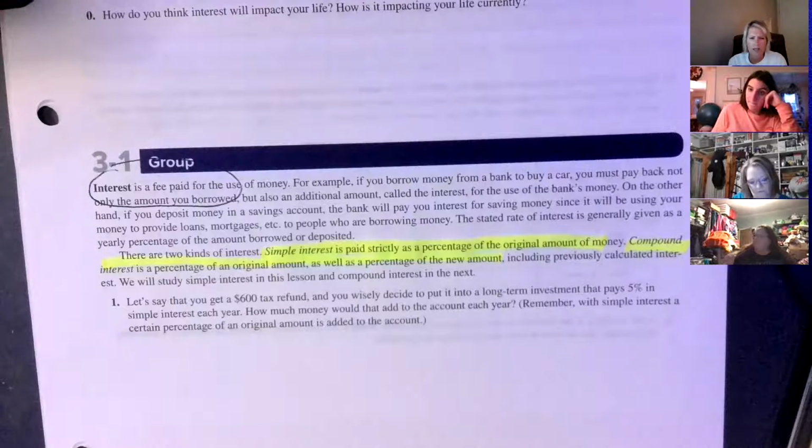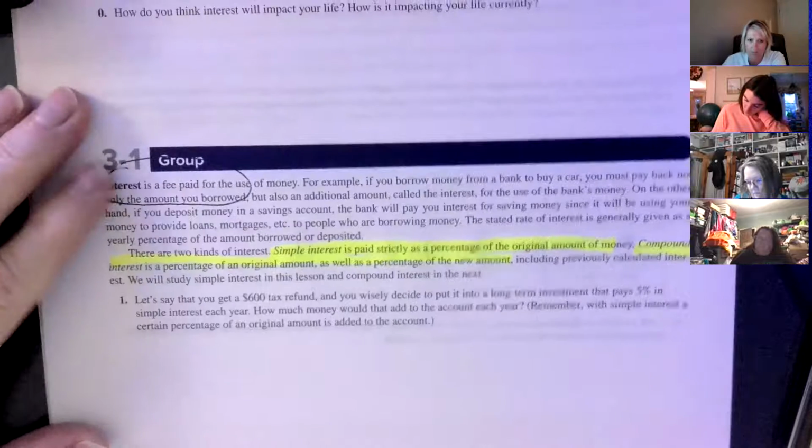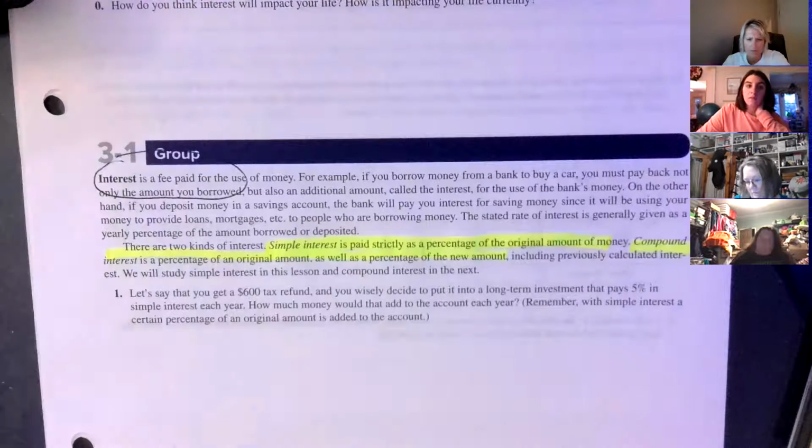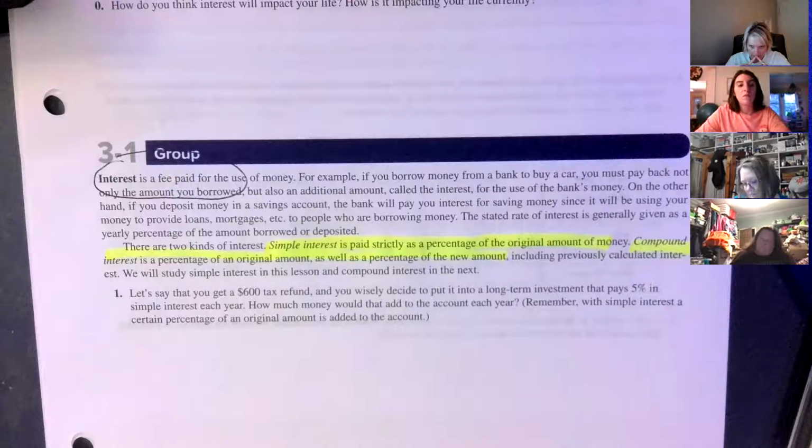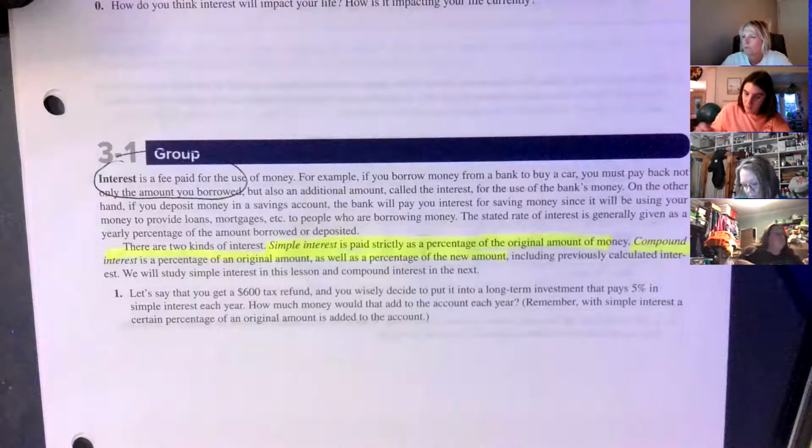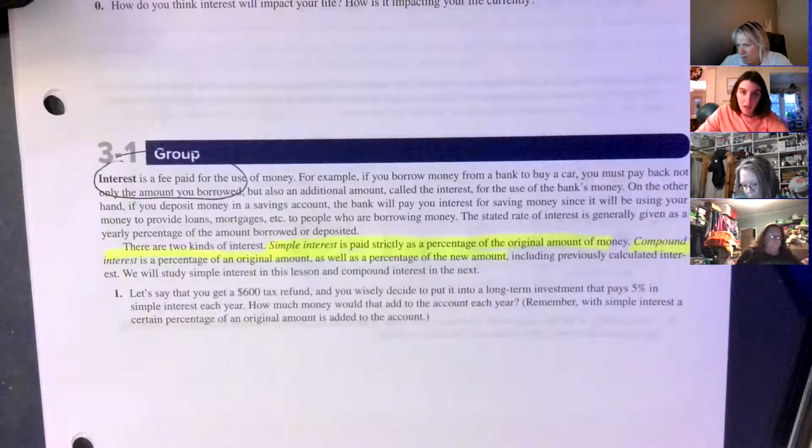How much money would that add to your account each year if it was simple interest? $30 every year.